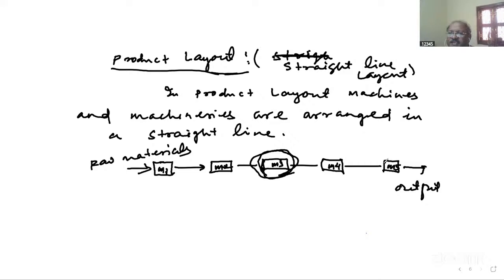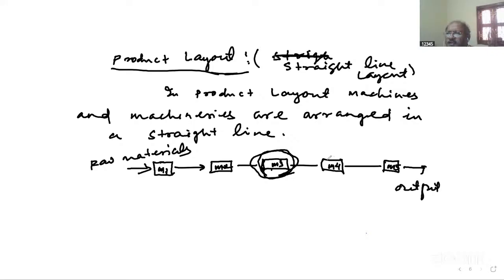Because here machines and machineries are arranged in a serial way. Series means that is in a straight line. That is the sequential arrangement of various machines to produce the single product. Clear? So that's why if there is breakdown of one machine, the entire system becomes paralyzed. Am I right or not? That means the entire production system is not functioning.